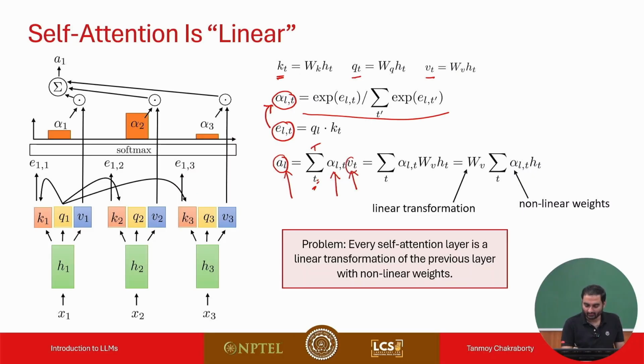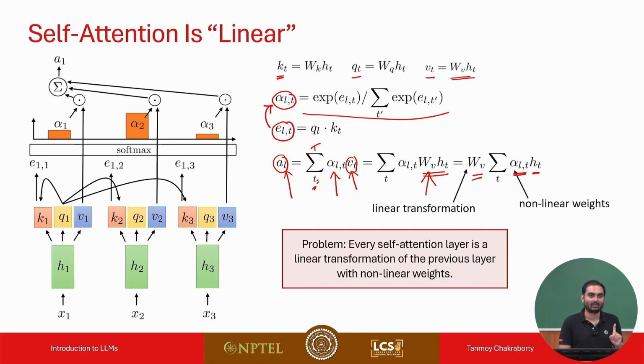If you replace VT by WV HT, you will get this. WV is independent of T, so you can keep it outside. Now it is essentially alpha LT, which is the attention score, and HT, the hidden state, the input.